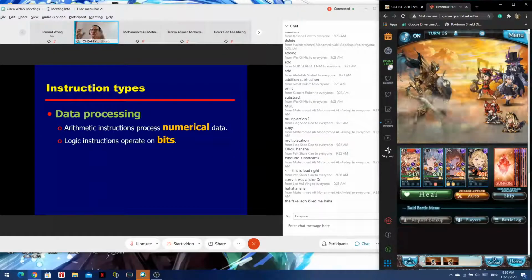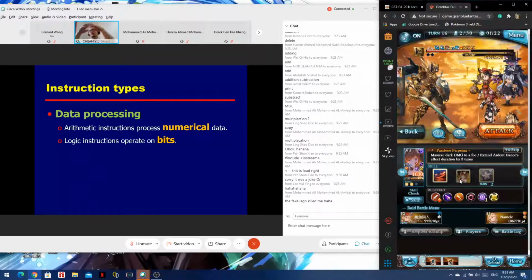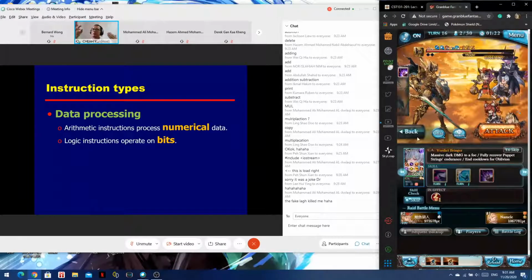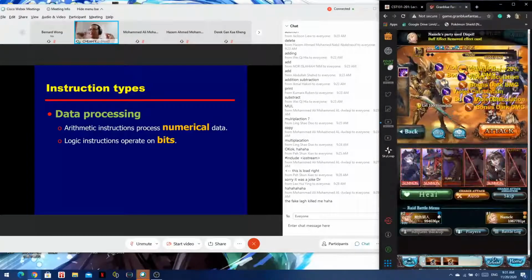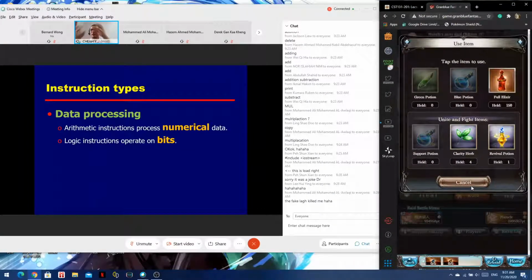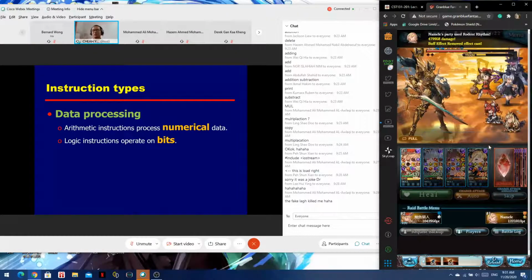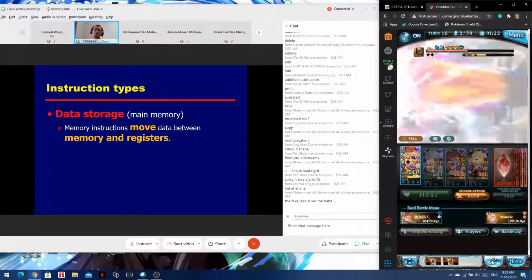But the arithmetic one, we are looking at it as a whole, like 8 plus 2. So you have to differentiate between numerical and bit level. When you do processing, it can be at the numerical level, or it can be at the bit level. So these are the data processing kind.